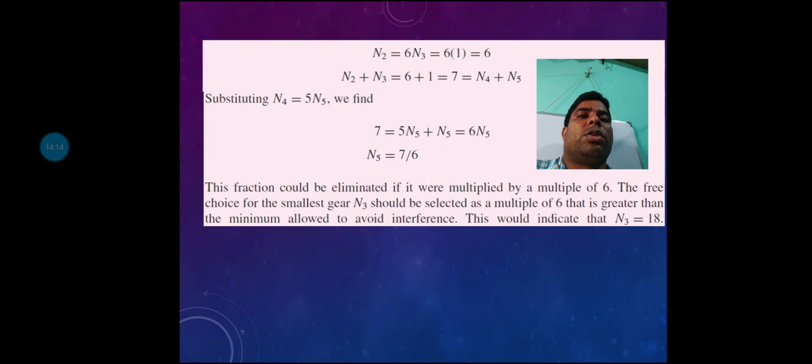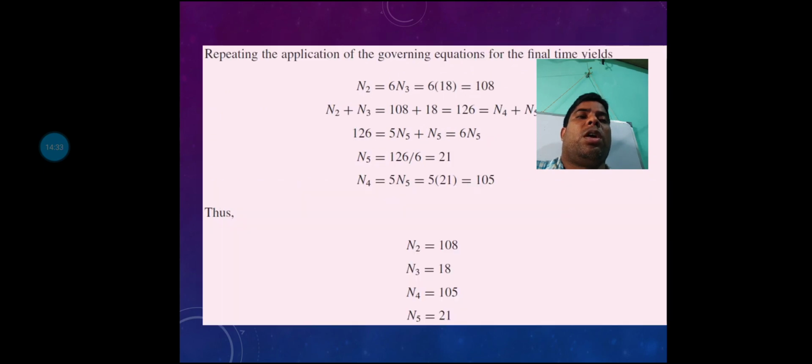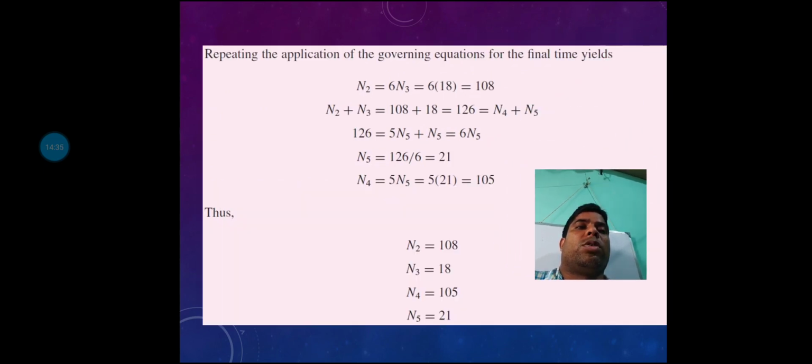And here the fraction should be eliminated by multiplying by 6, and so to avoid the interference, n3 is equal to 18. Putting all the values, you can get the results one by one.